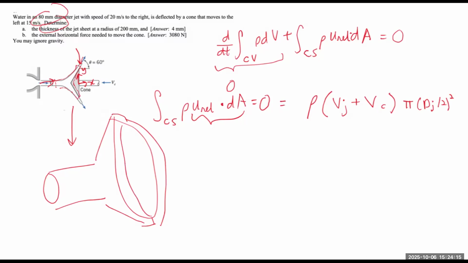This is going to be our control volume. So we're going to add rho times the relative velocity of the jet stream relative to that, times the area, plus rho V.